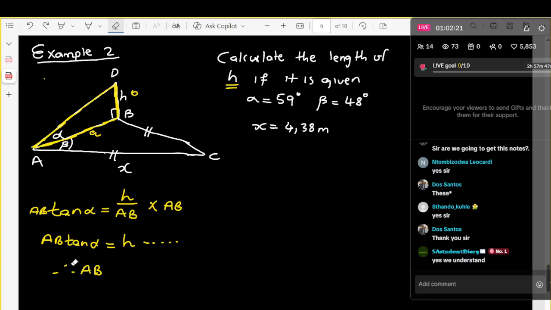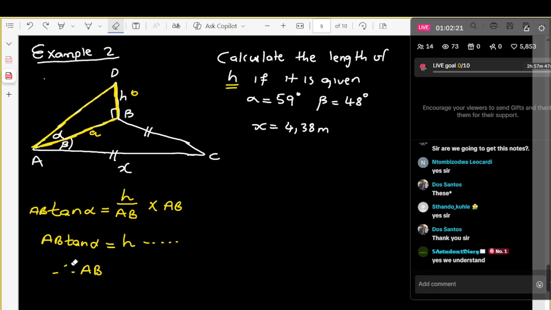This is my equation 1. We are saying that we have h, which is equal to AB tan alpha, and I'm going to call this equation 1.